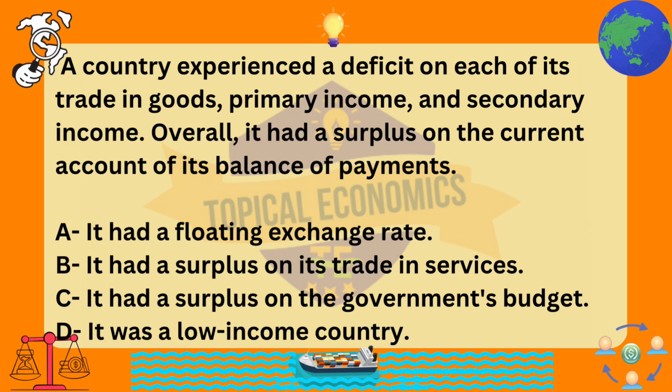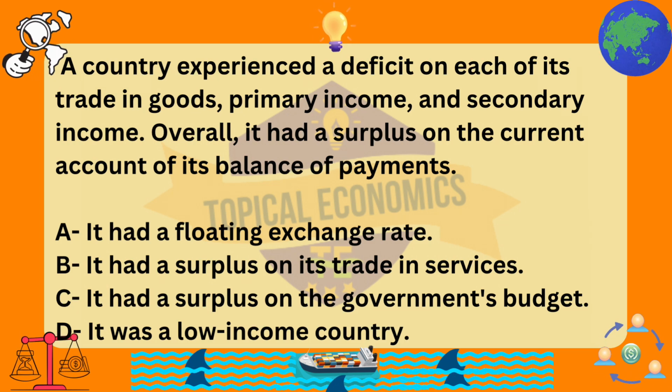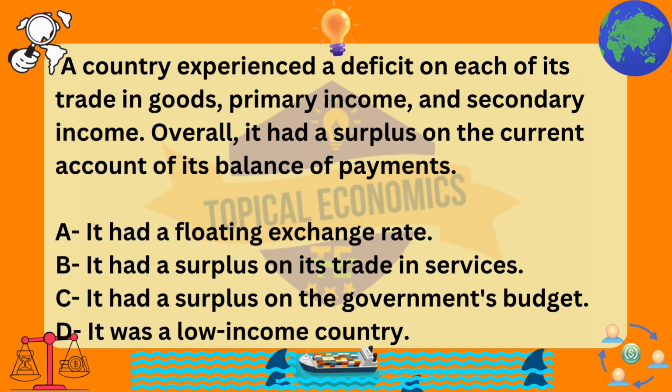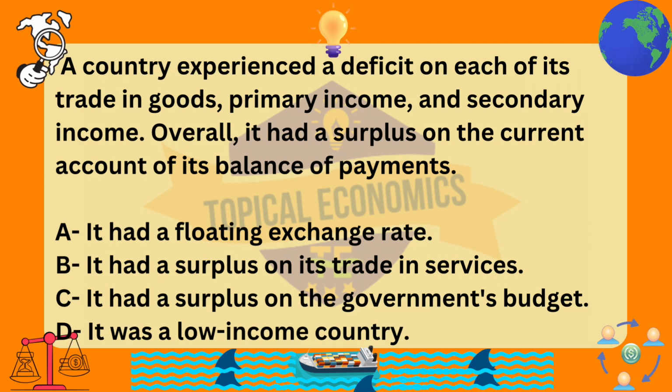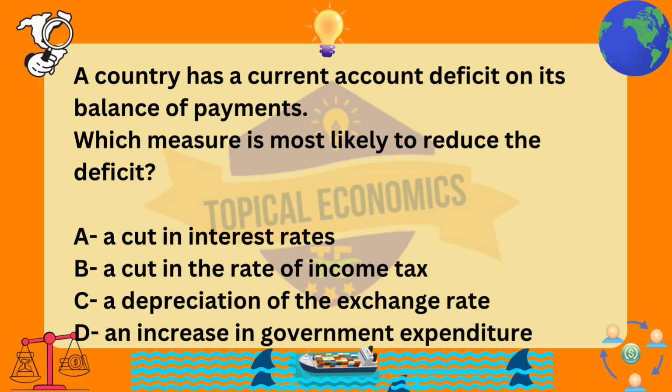Finally, being a low-income country, option D, does not necessarily correlate with the current account surplus or deficit, as countries at all income levels can have surpluses or deficits depending on their economic structure and external trade relationships. Moving to the 7th question.